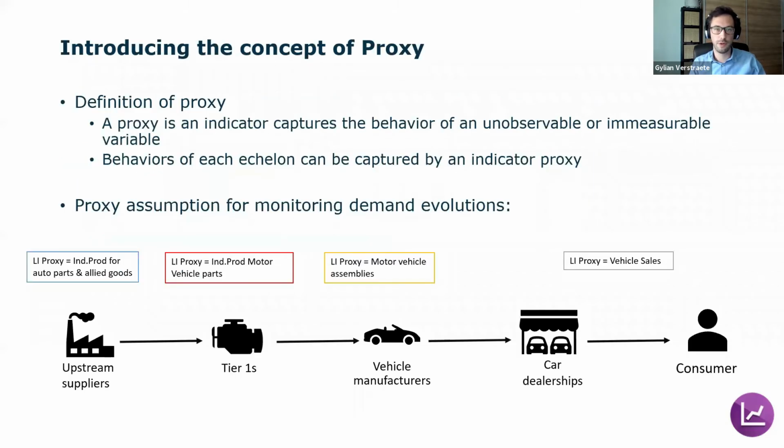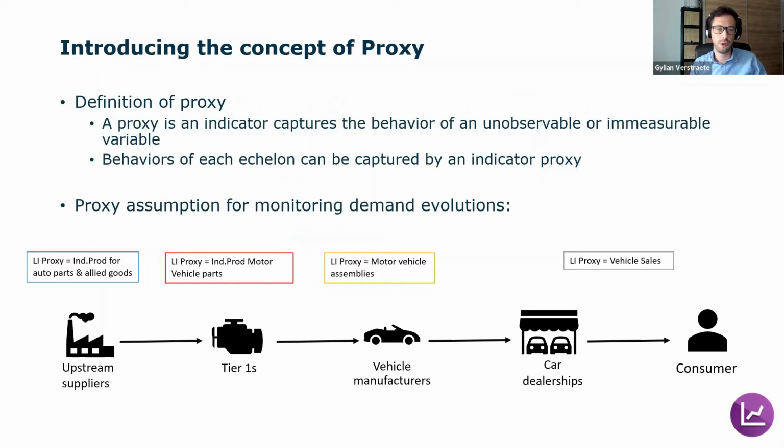So let me first start by introducing the concept of a proxy. A proxy indicator is an indicator that captures the behavior of something unobservable, immeasurable, or very difficult to measure.